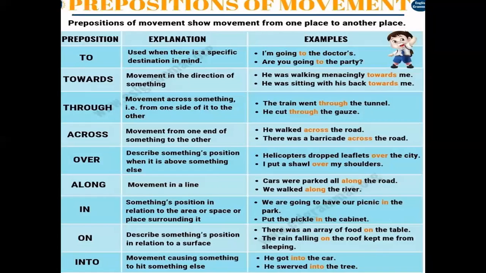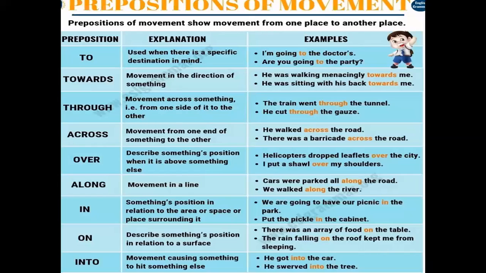But when you are talking about across, it means that the movement is on a flat surface, and here you are also moving there. Like he is walking across the road. So here the road is stable, but you are walking here.